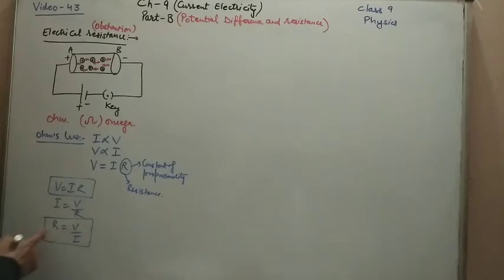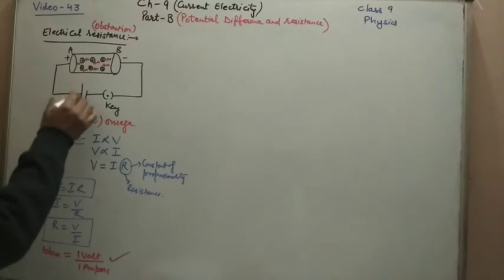Now from here, if I want to define 1 ohm, the SI unit of resistance is 1 ohm, the SI unit of voltage is volt, and the SI unit of current is ampere. So from this expression, easily I can get the definition of 1 ohm. Come back to the same circuit. Suppose I want to define 1 ohm.